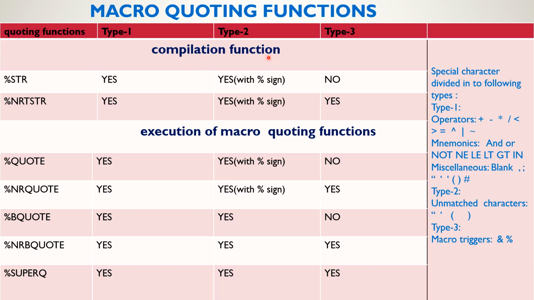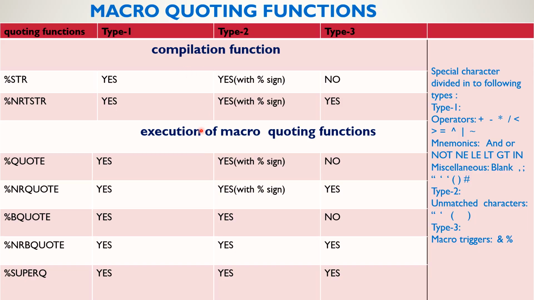Compilation function means first we create the macro variable and compile the macro variables. Execution of macro quoting function means first we assign the macro variables and then later we execute the macro variable, right? During the execution only we confirm the macro variable value. So that is the difference.